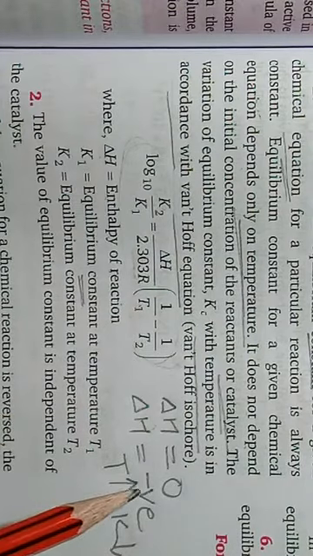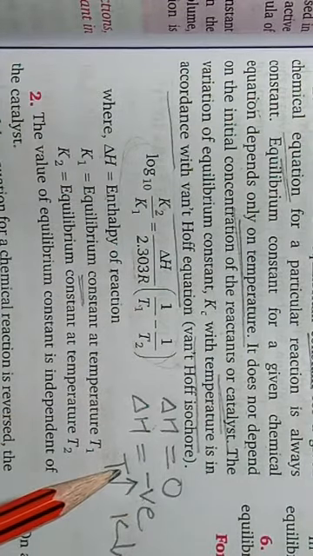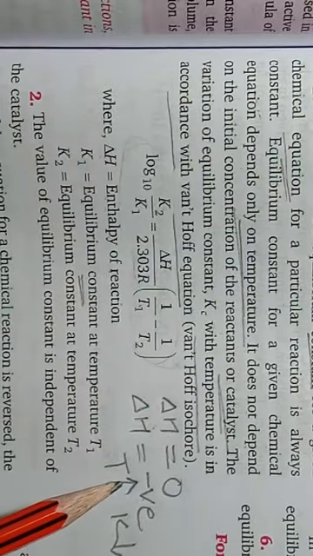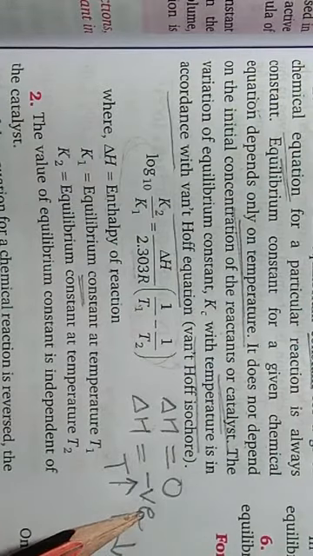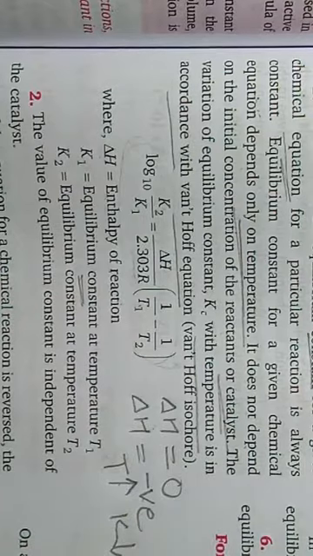So for an exothermic reaction, increasing the temperature decreases K, meaning the reaction moves towards the backward direction.